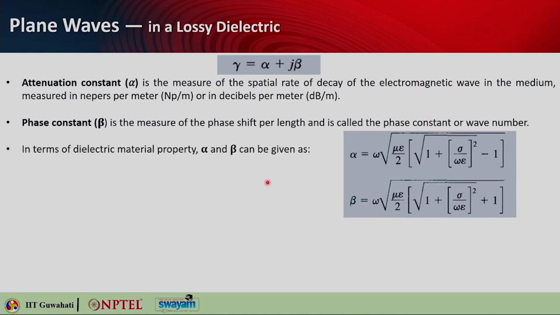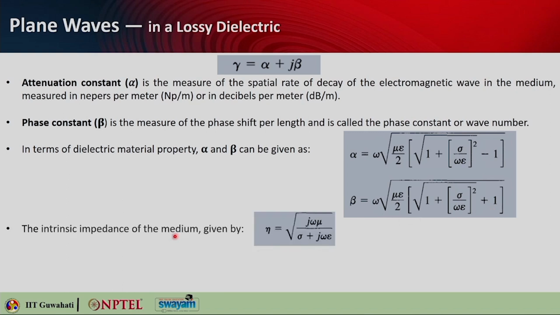So once you understand these two properties, in terms of mu, epsilon and sigma, you can represent alpha and beta in this particular form. They are very identical equations, only this is minus and this is plus. From this you can also obtain the intrinsic impedance of the medium, that is eta, given by square root of j omega mu over sigma plus j omega epsilon.